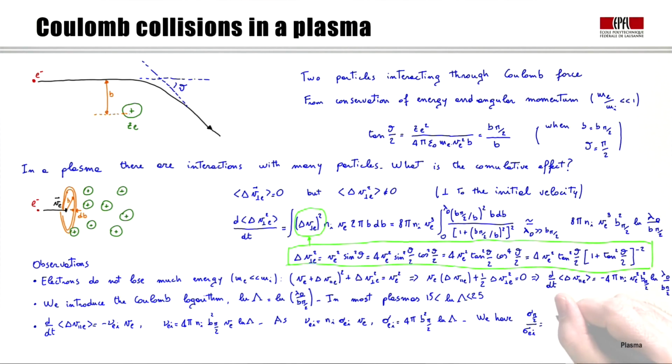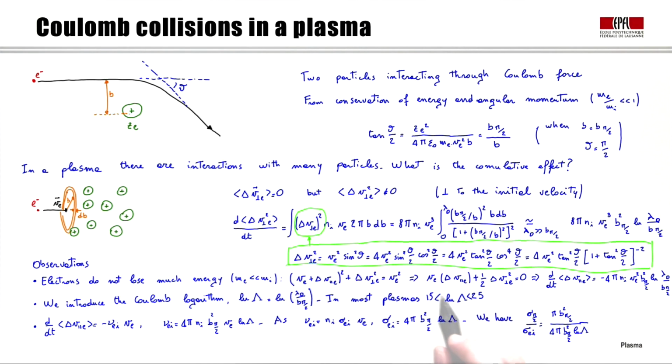And this ratio will be equal to pi b pi over 2 squared divided by what we have just found here. And this is an easy ratio to evaluate because it will be given by 1 over 4 Coulomb logarithm.